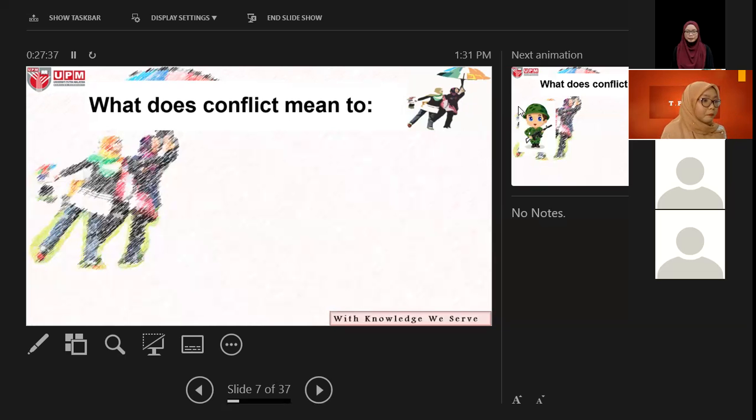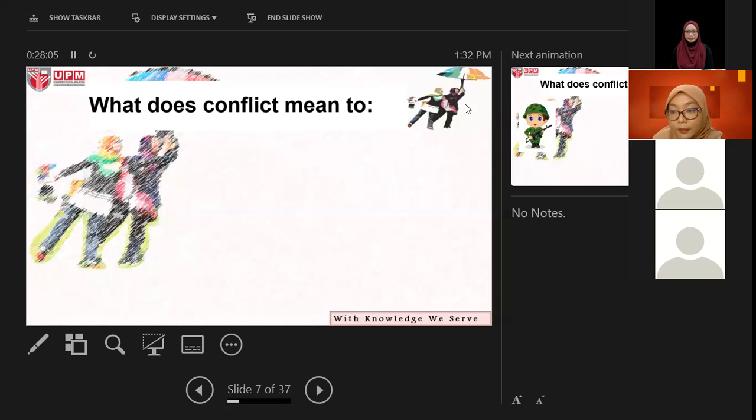Okay. So every individual has their own experience. They come with different backgrounds. They have their own family experience related to conflict. They have their own perspective, which action they consider to be correct, which action they consider to be incorrect. Sebab apa? Sebab these two elements ni depend on individual background.